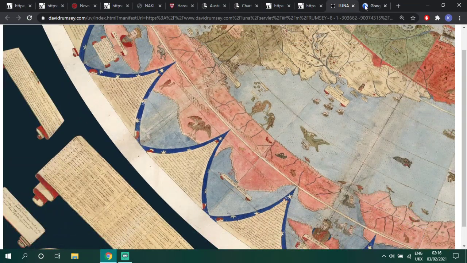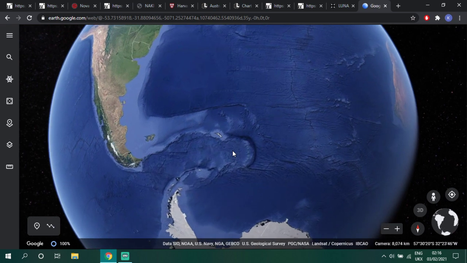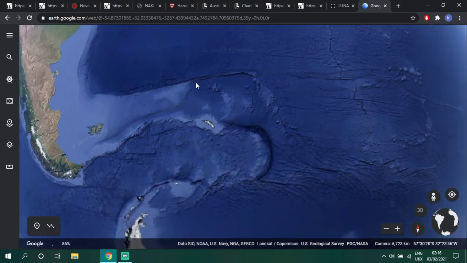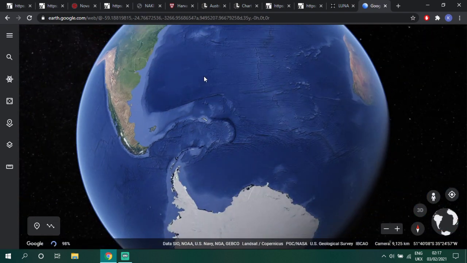So let's go to Google. Now bear in mind that this is deceiving you. What do you think you're looking at here, like evidence? All this here going down is the previous coastline, right? Prior to the flood, and it comes all the way around and it joins Antarctica.